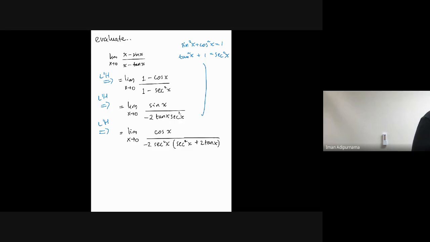You can also change all this secant squared into tangent squared and then derive, and you will eventually get the same result. Oh, it should be squared. Sorry.